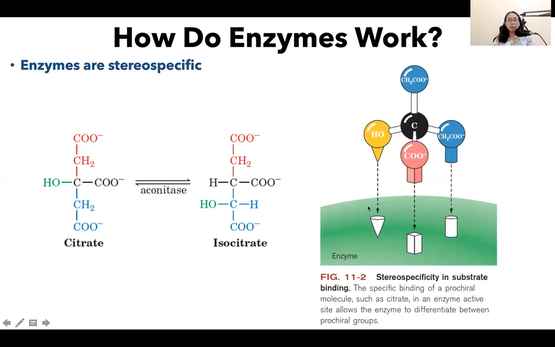Now again, your aconitase binds only one stereoisomer, or actually, since citrate is prochiral, it will bind citrate in a specific manner.